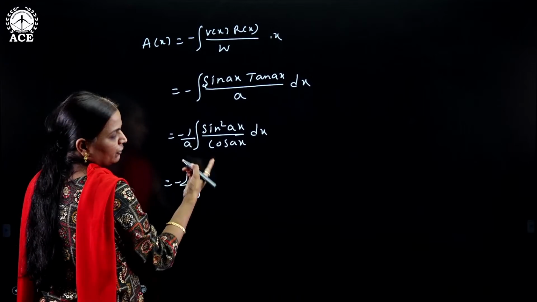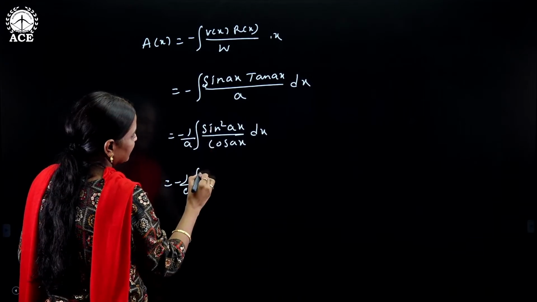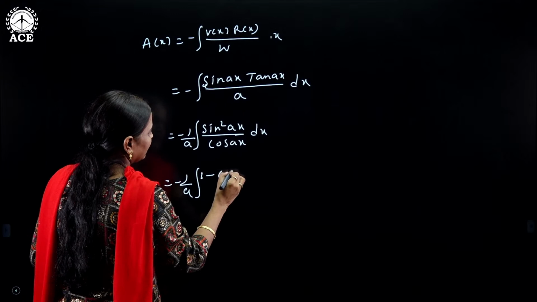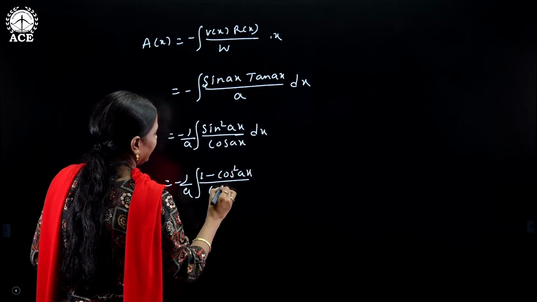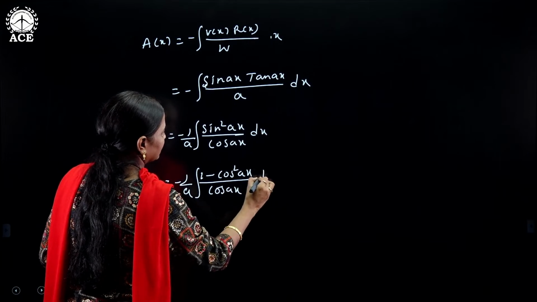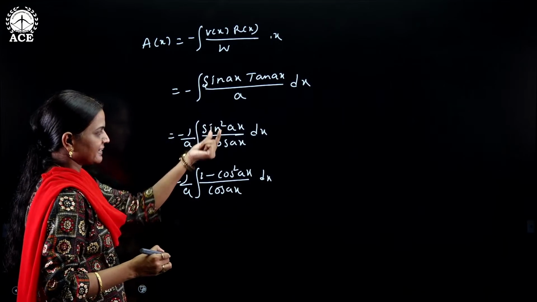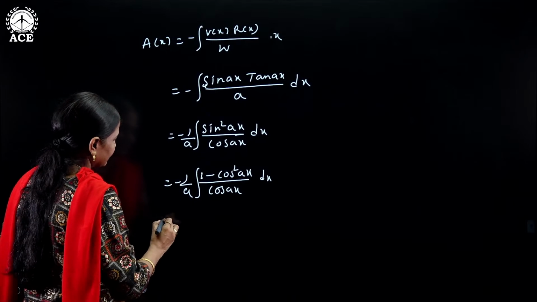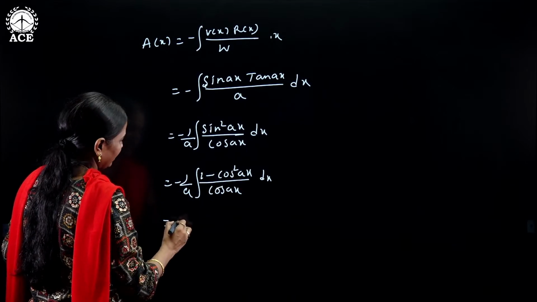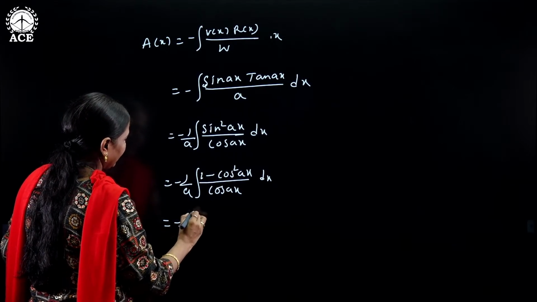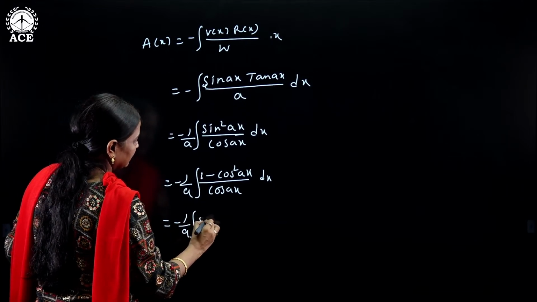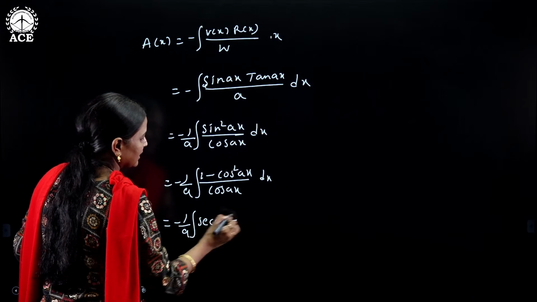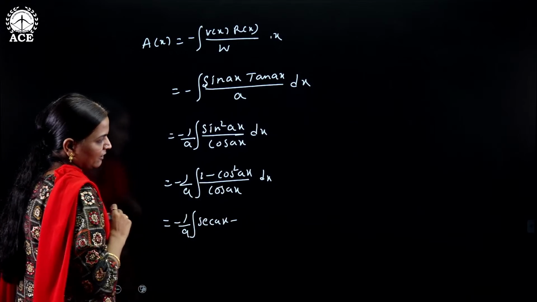So which is equal to minus 1 by a integral. Again, to integrate this one, write the linear factors. Write sin square ax as 1 minus cos square ax by cos ax. That is minus 1 by a into integration of 1 minus cos square ax by cos ax.